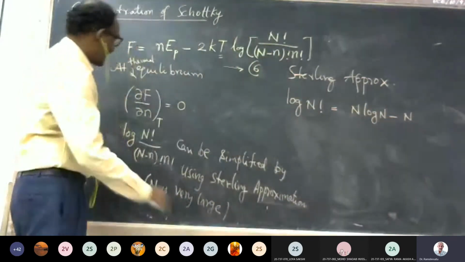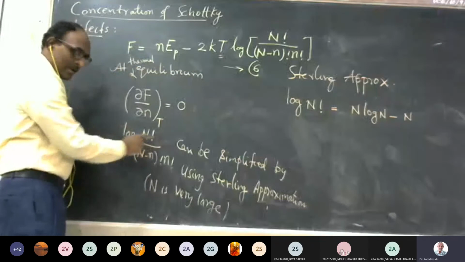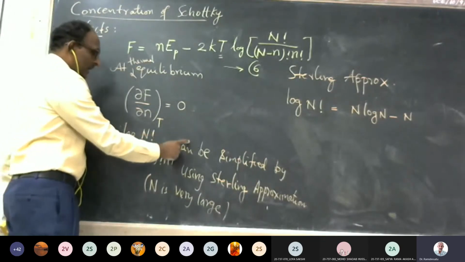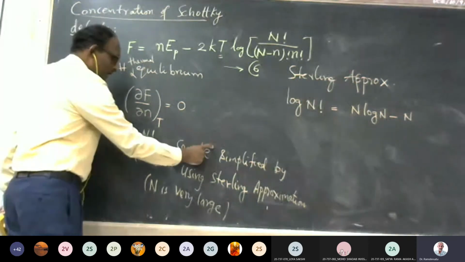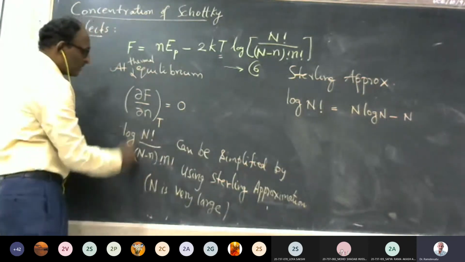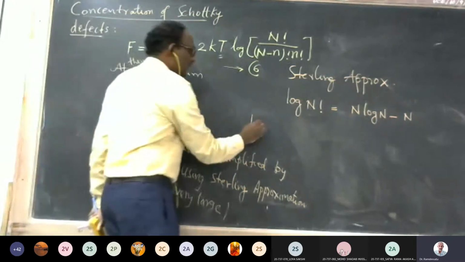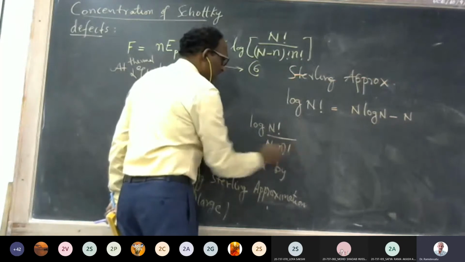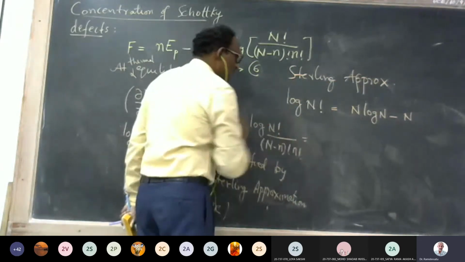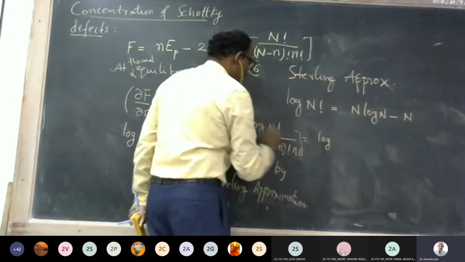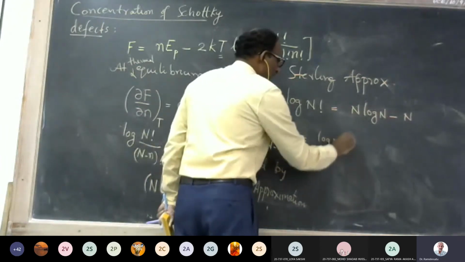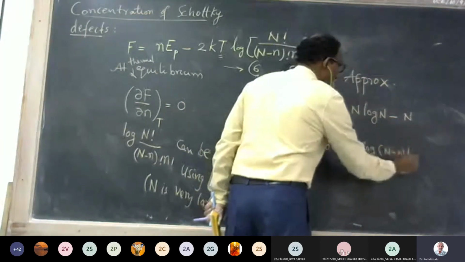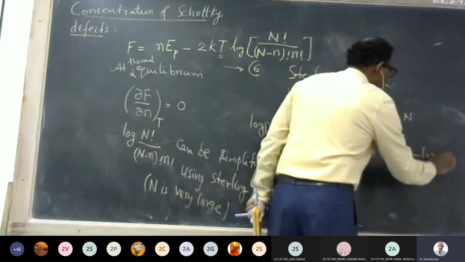So thereby, I can write this as log of n factorial minus log of (n minus n) factorial minus log of small n factorial. I need to simplify this. Thereby, log of n factorial by (n minus n) factorial into n factorial is equal to log of N factorial minus log of (N minus n) factorial minus log of small n factorial.